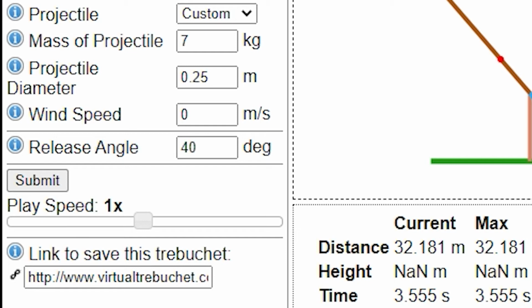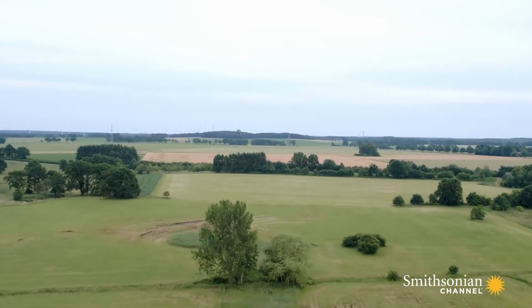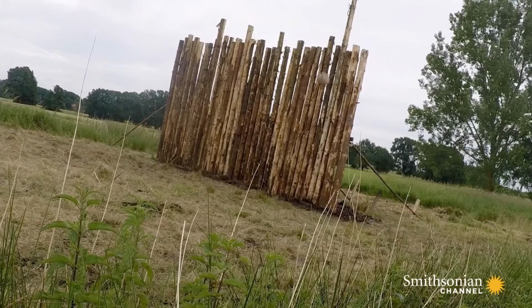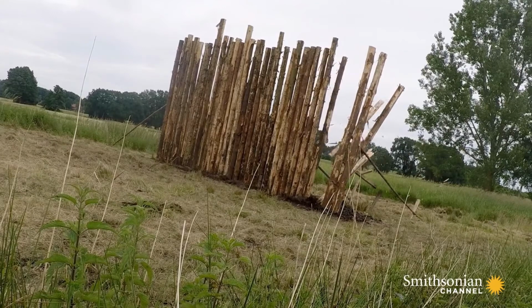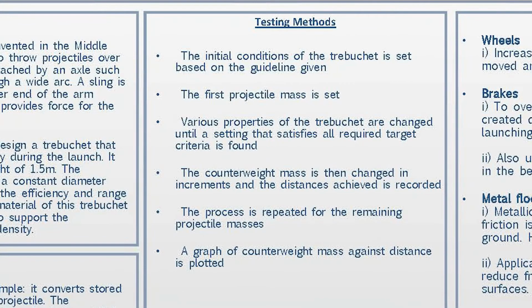The trebuchet was adjusted to the perfect release angle, which is between 35 to 45 degrees. In between these angles, the weight can be thrown at a large distance at a very high velocity and thus considerable damage. Now, let us look at the testing method of the trebuchet.